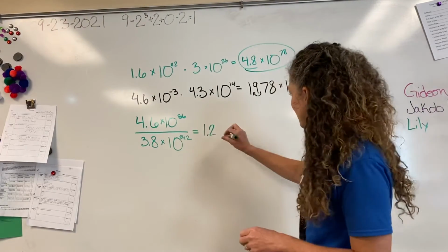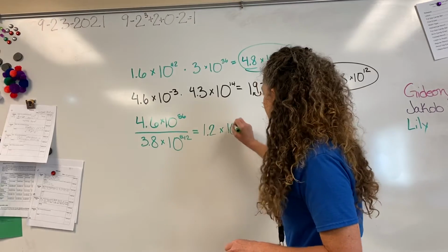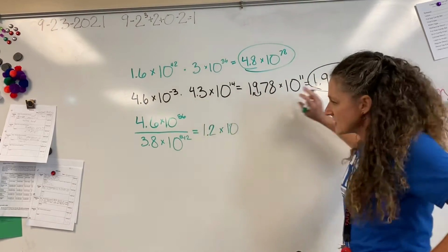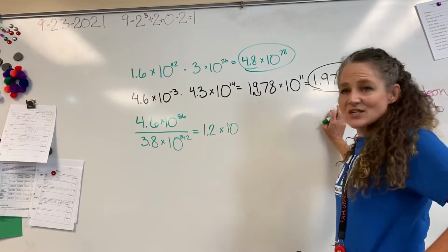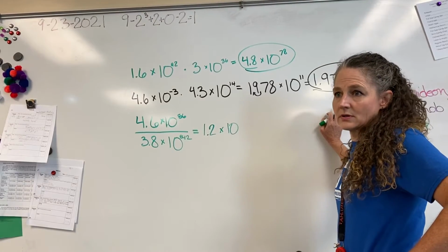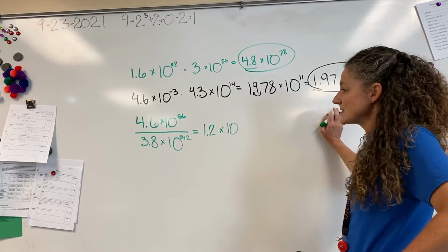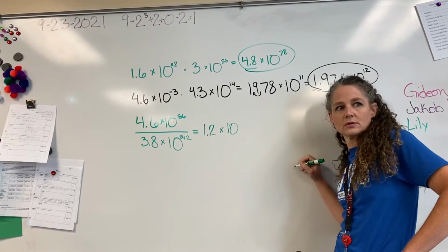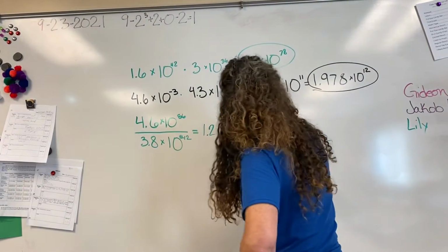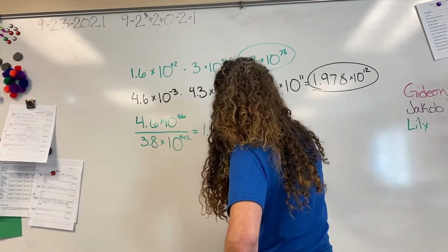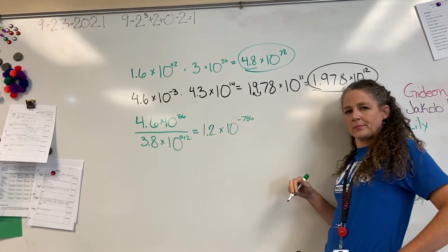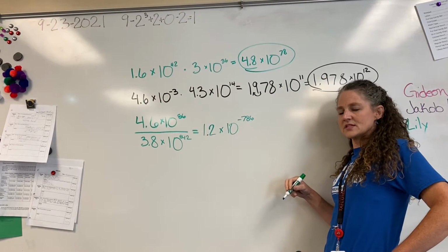So 1.2 times 10 to the numbers in exponential form, and they're being divided. So what do I do with them? Subtract them. What's 56 minus 842? Negative 786. What do I do now? Circle it and move on with your life.